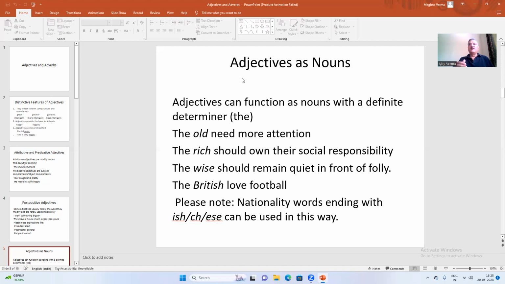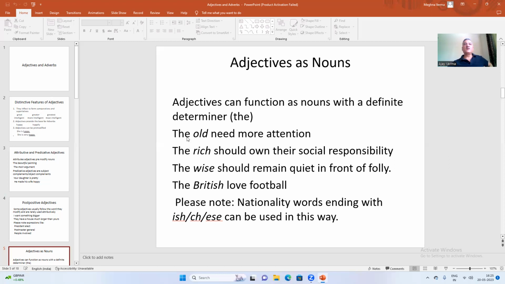That means they will always take a plural verb, and they refer to all the members of the group. So when we say the old need more attention, we are using the adjective old as a noun, as the subject of this noun phrase, and the subject of this sentence as well.